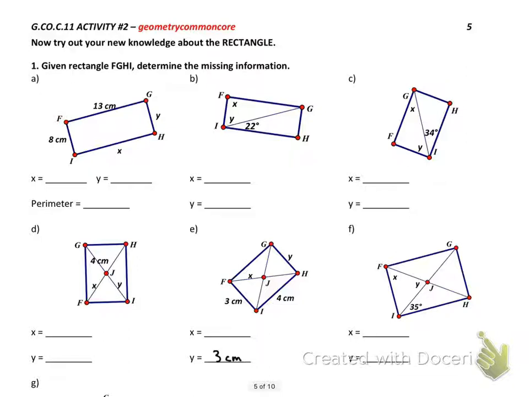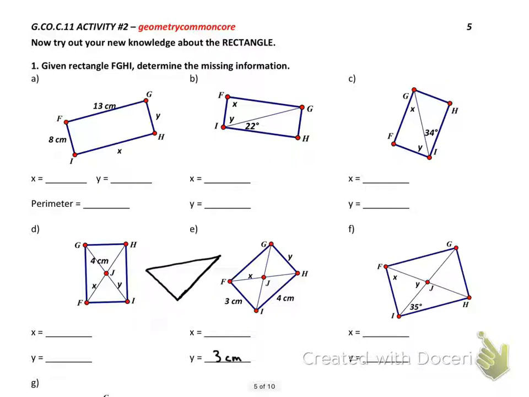So what I want to do is draw this diagonal right here from F to H. I'm going to draw that separately, and try to make it look about the same. And then this length from H to I, I'm going to draw that over here. And then F to I, I'm going to draw that one in also.